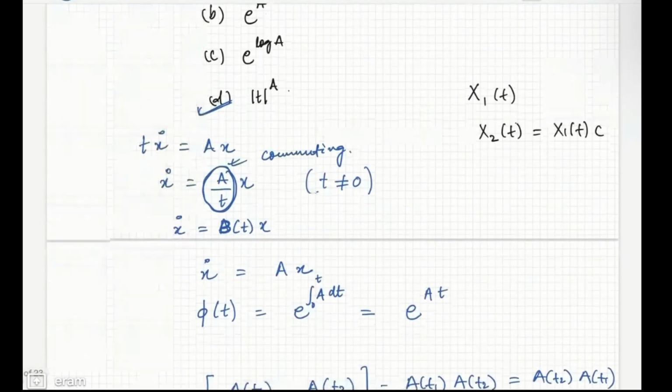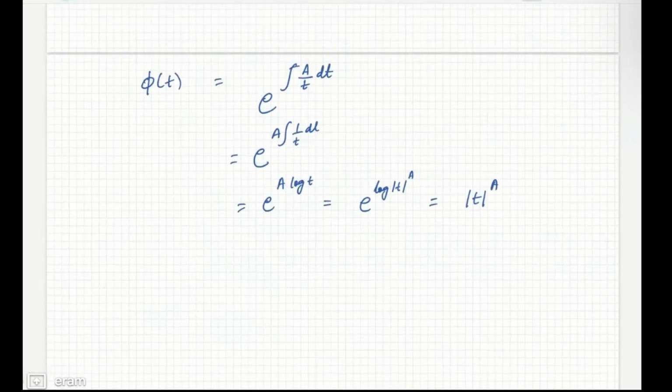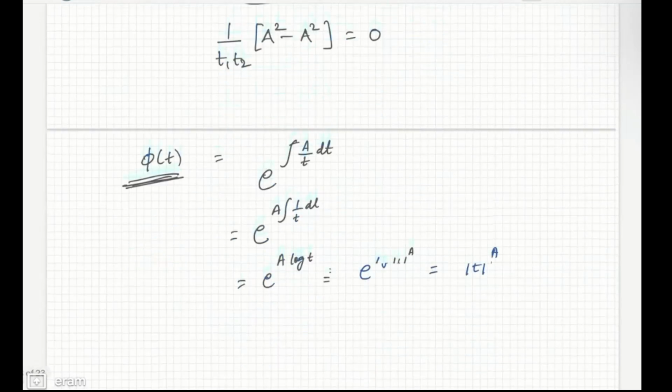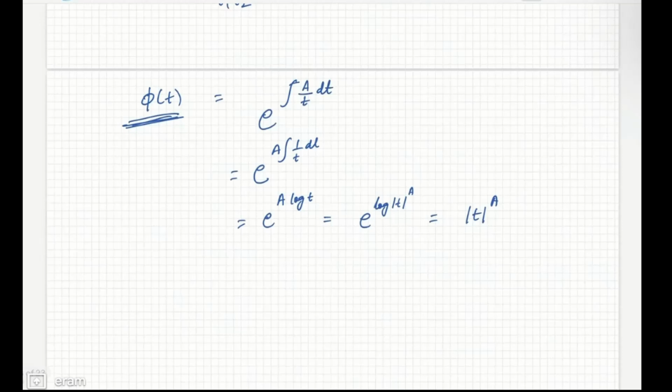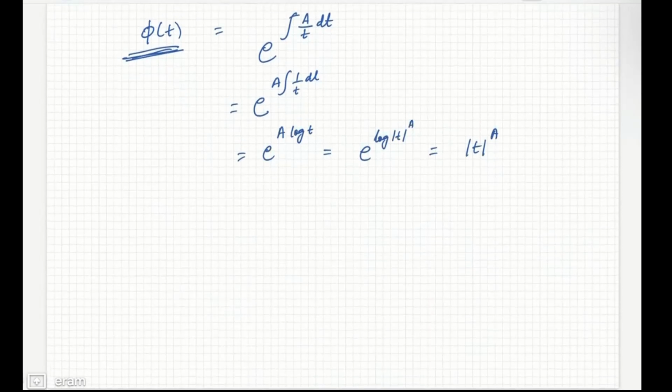If this was not the case, then it will not be easy to find the state transition matrix, because then the time varying terms will not be commuting. In this case, this time varying term was commuting, so this a we pulled out from the integration and just do the integration of the variable t.